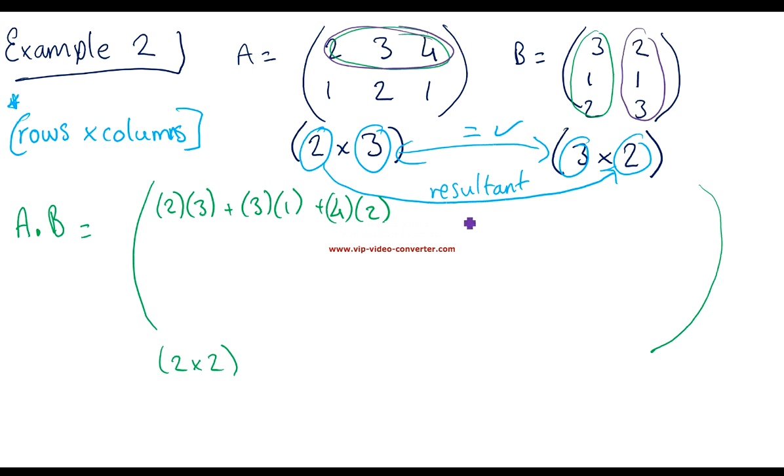So you're going to have 2 by 2 plus 3 by 1 plus 4 by 3. Okay, so green, that row by that column, purple, that row by that column. All you're doing is multiplying the numbers and adding the results together.